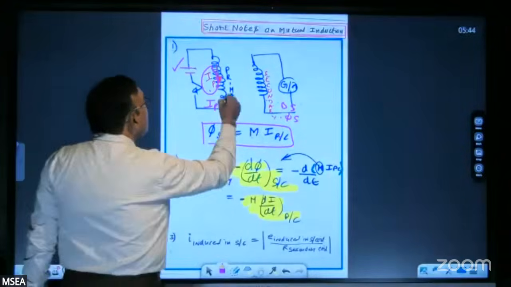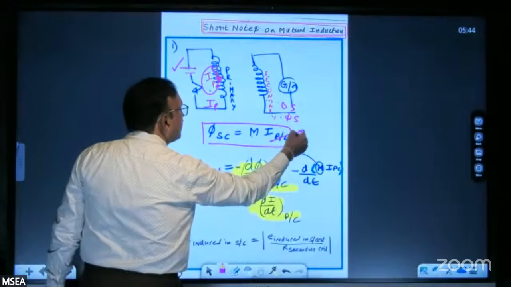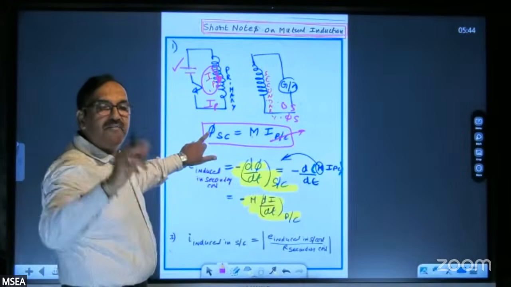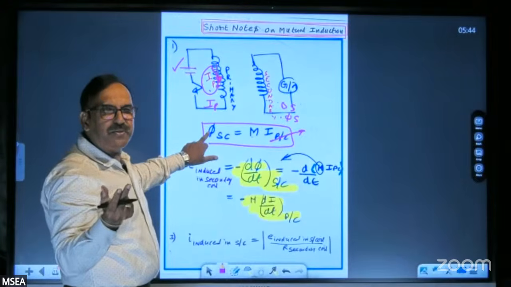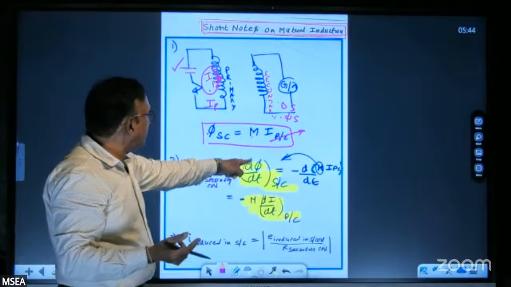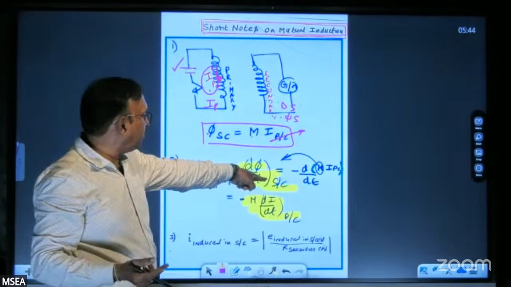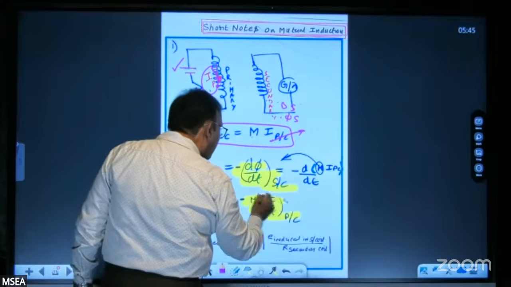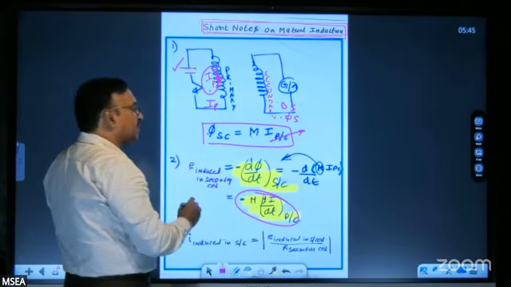Now, if the current in the primary coil changes, the flux in the secondary coil changes. Whenever flux changes, some EMF is induced, by Faraday's law. So the EMF induced in the secondary coil is minus d phi by dt through the secondary coil, and if you differentiate, it comes out to be minus M di by dt through the primary coil.